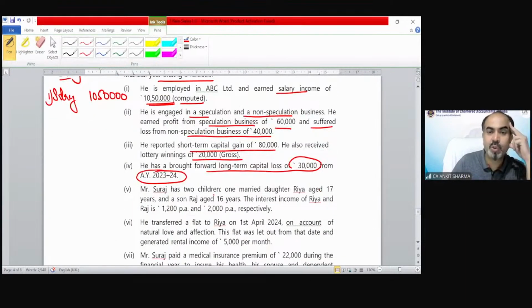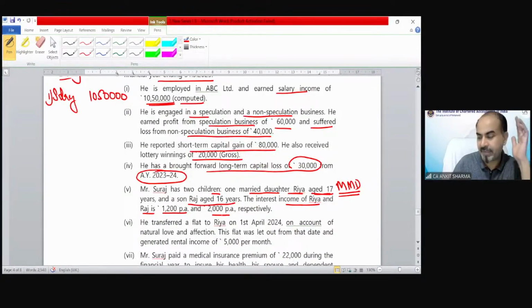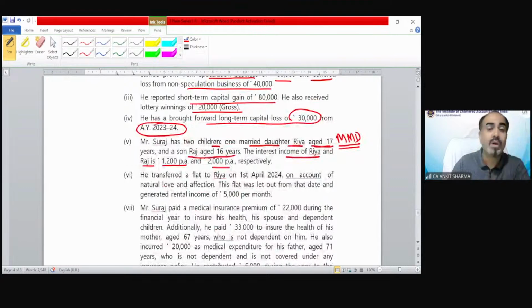Now Mr. Suraj has two children, one married daughter Riya, aged 17 years, that is a minor married daughter, and a son Raj, aged 16 years. The interest income of Riya and Raj is 1,200 and 2,000 per annum respectively. He transferred a flat to Riya, the minor married daughter, on 1st April 2024, on account of natural love and affection.